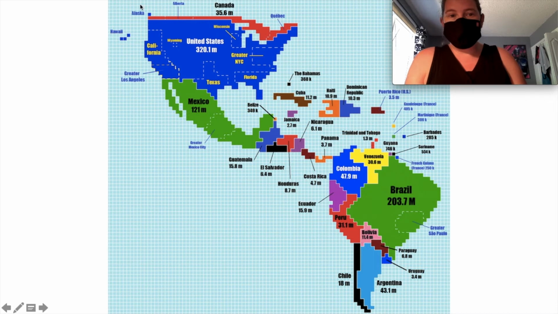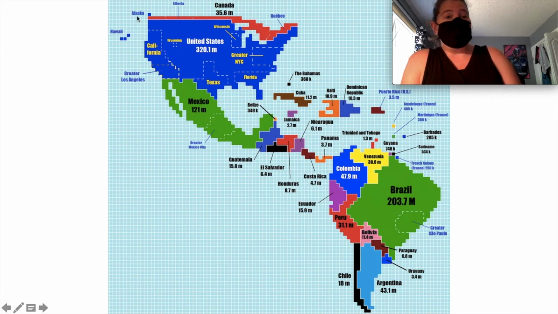You'll notice Canada is a lot smaller than the United States, because our population is that much smaller, since we have more land than people up here. Alaska is very tiny. The United States is much bigger. California is gigantic because a lot of population lives there, and New York City as well is very large. You can see all the different countries and how big or small they are.